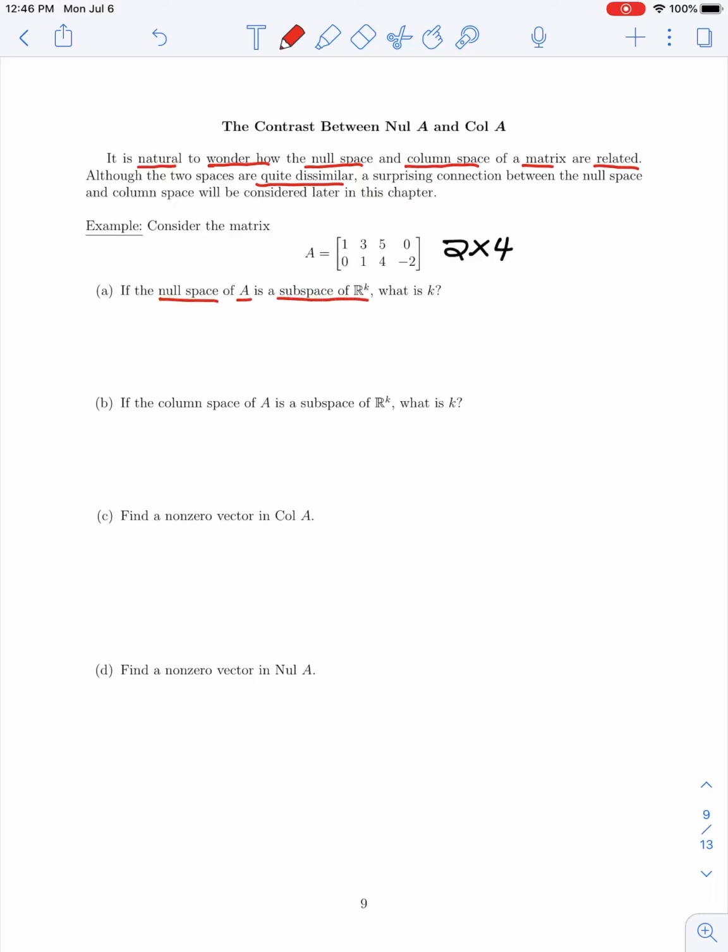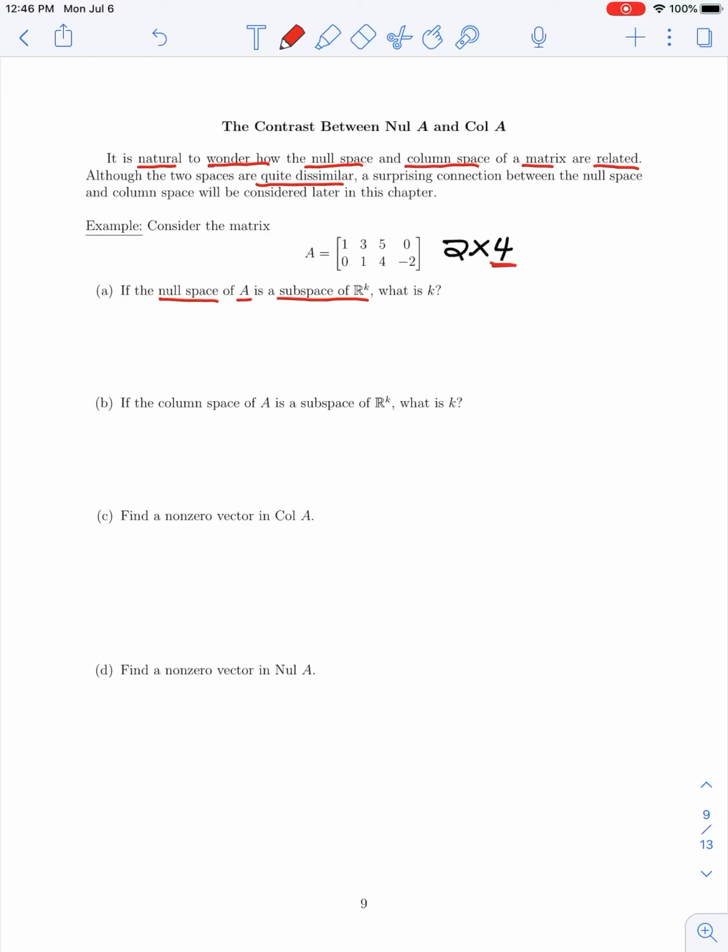So here, recall that the null space is defined as the set of vectors such that if I multiply A by that vector, I would get a zero vector. Now, since A is a 2x4 matrix, when I multiply any vector by this matrix, it must have 4 rows.